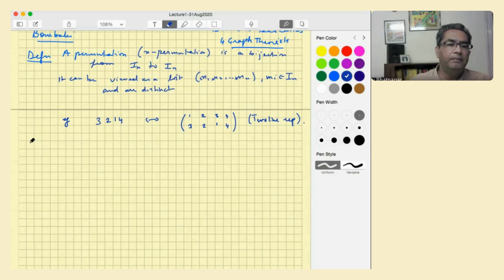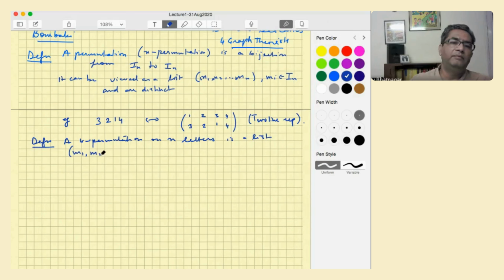In combinatorics textbooks, this is how it's defined: a k-permutation on n letters is a list m1, m2, up to mk, such that the mi belong to [n] and the mi's are distinct.